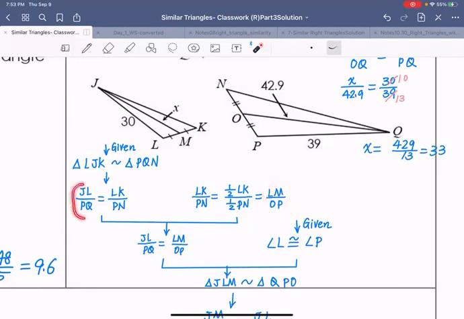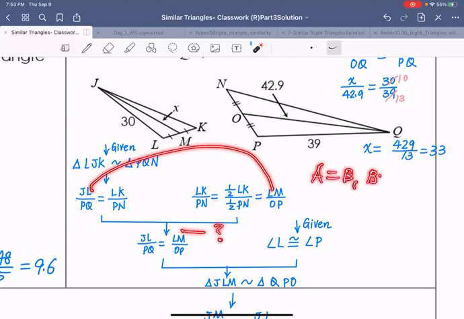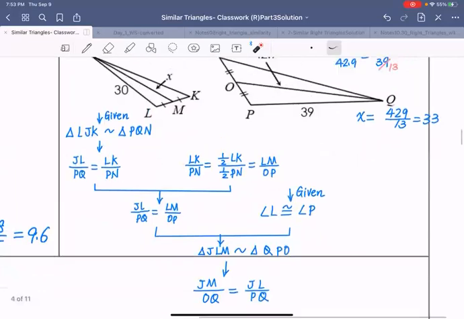Now these two are equal, and these two are equal, so I jump to this equal because A equals B, B equals C. Transitive. Yes, you made it. Good job.